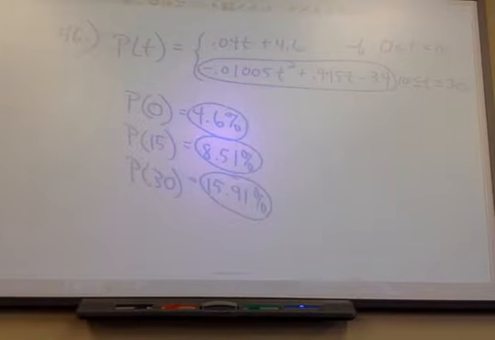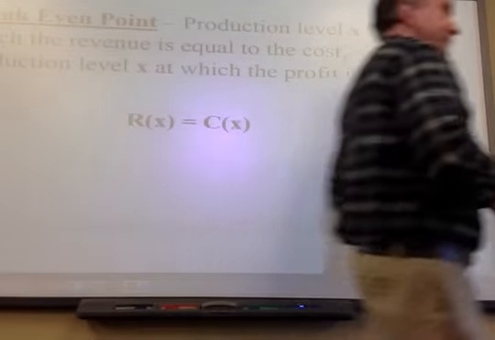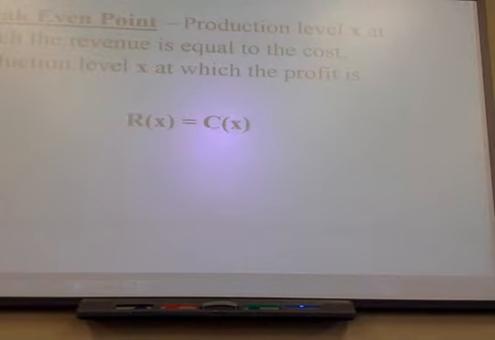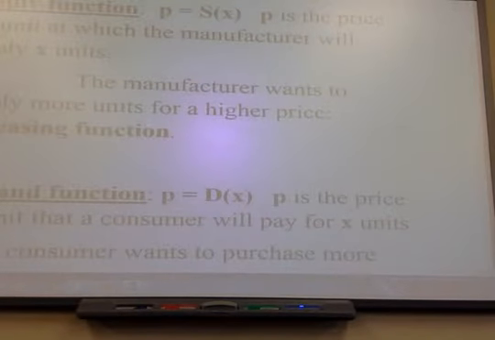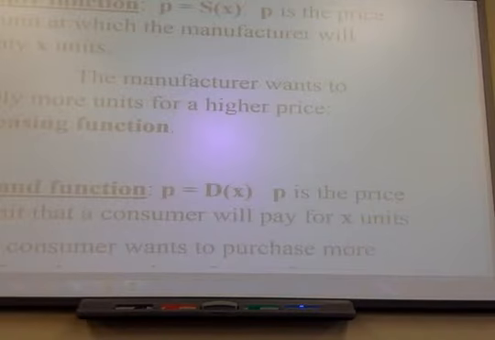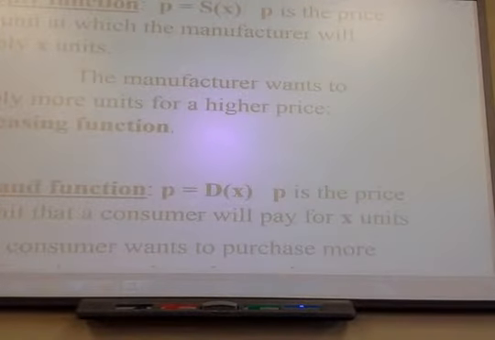And last but not least, let's define the supply and demand functions. Supply function, P equals S of x. P is the price per unit at which the manufacturer will supply x units.